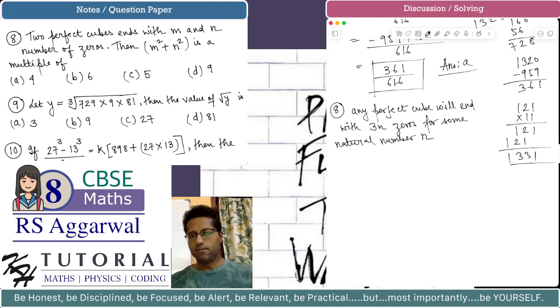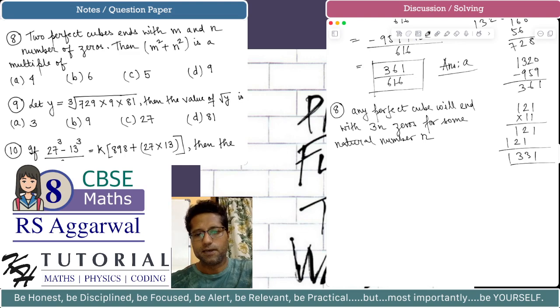If any perfect cube ends with zeros, it will always end with a number of zeros which is a multiple of 3. So the number of zeros in a perfect cube will always be of the form 3n, where n is a natural number.